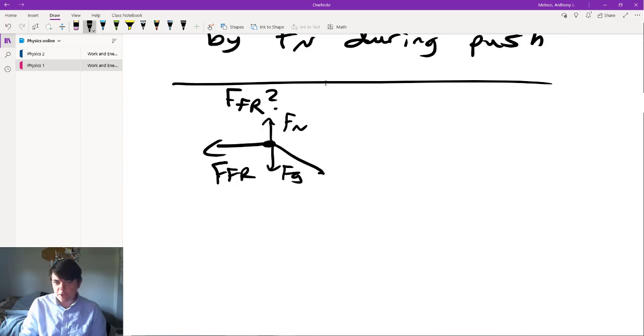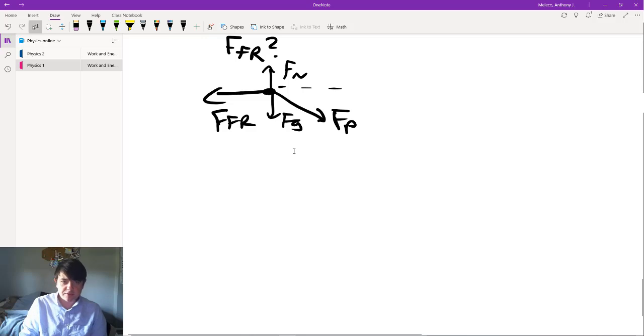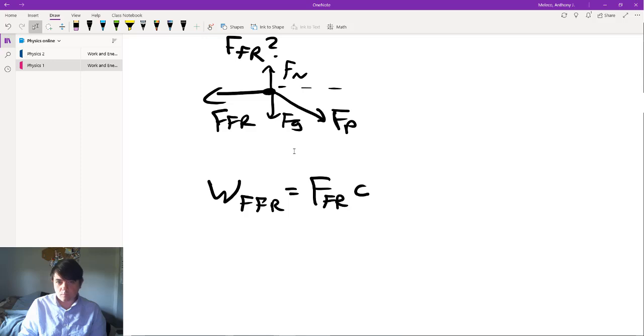So our complete free body diagram in this instance would look like this. The direction of the displacement, which is to the right, and the force of friction point in completely opposite directions. So the work of friction would then be force of friction times d times cosine theta.